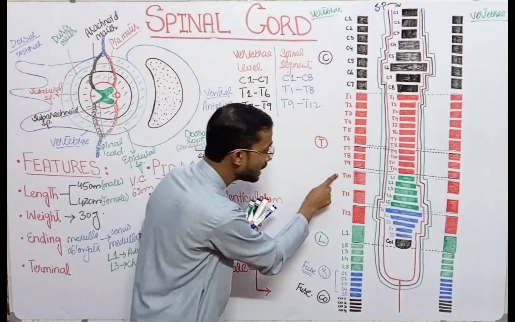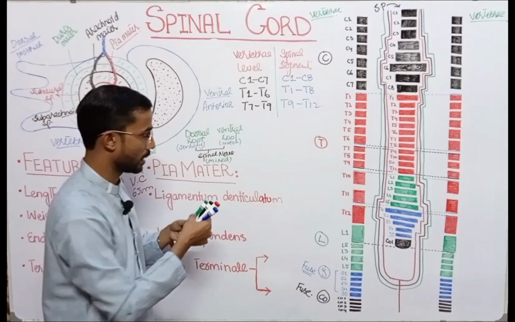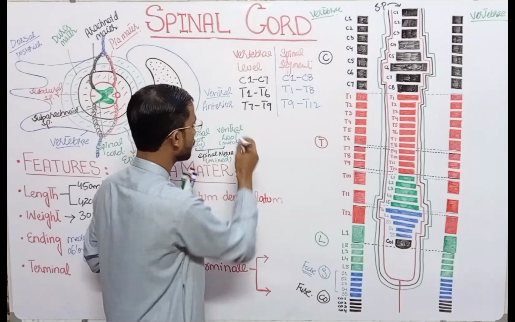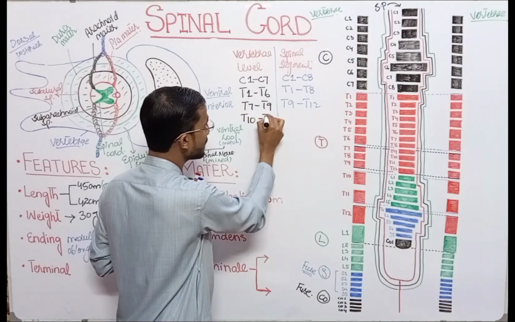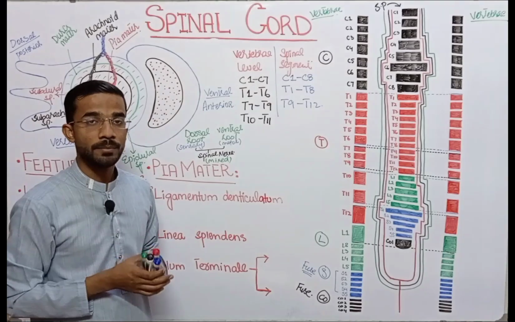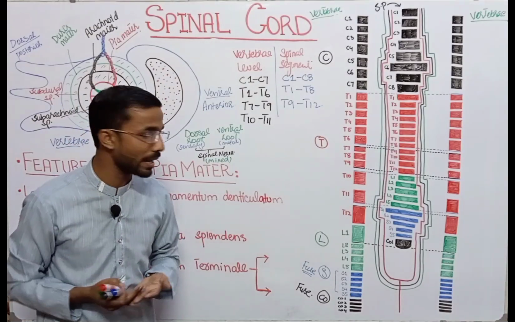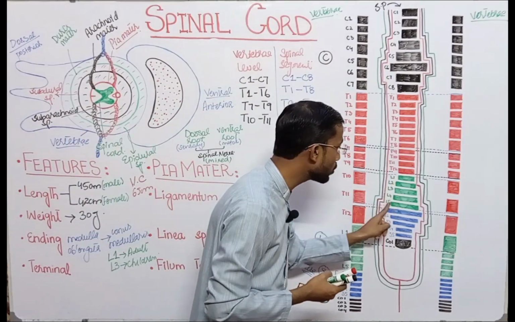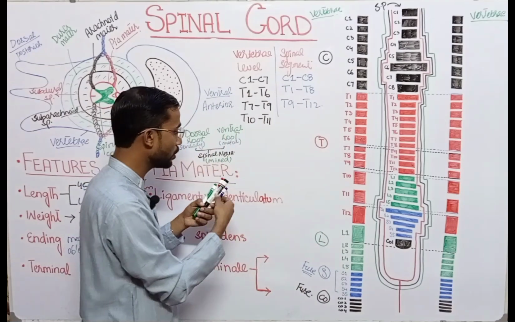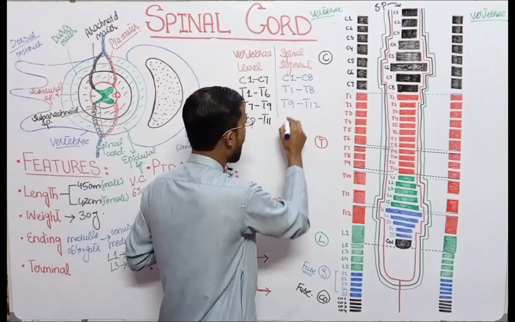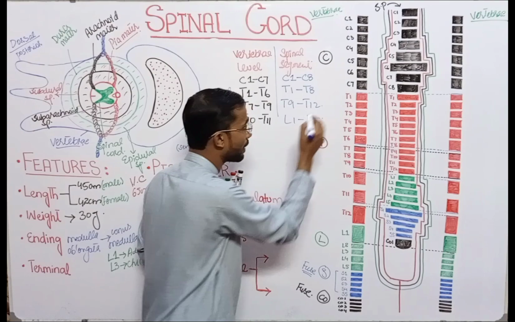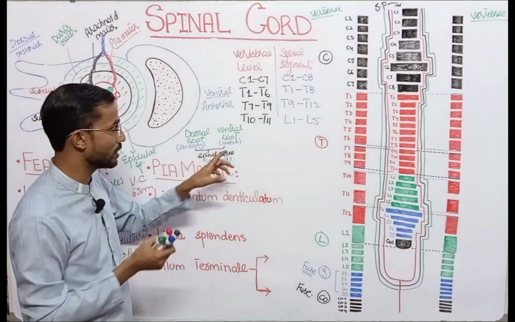Next is the T10 to T12 vertebra. From the T10 to T12, how many segments of the spinal cord will you see? From L1 to L5. So L1 to L5 segments are present in this region.